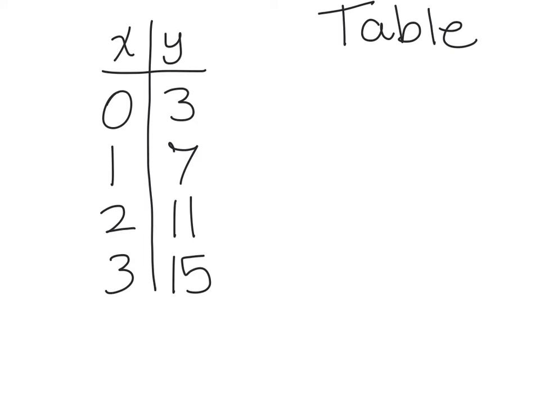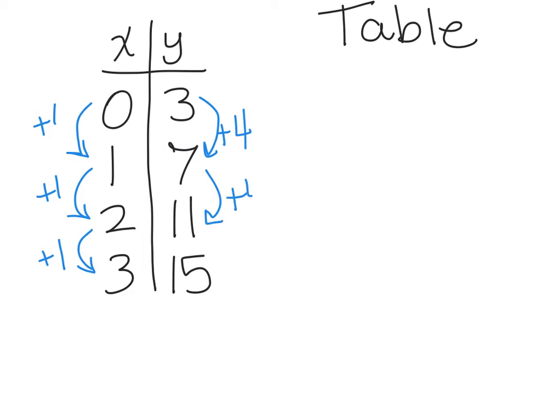Now, looking at growth and starting value in the table. We start off by looking at the growth in the x values. These values are each increasing by 1. Sometimes tables do not have an x value increasing by 1, so it's important to note that, whatever the growth is. The y values are increasing by 4 each time.